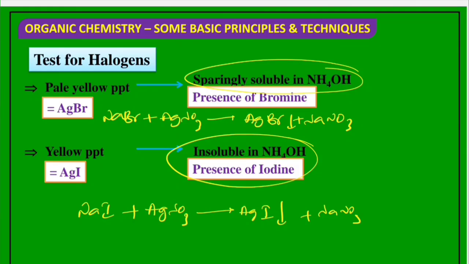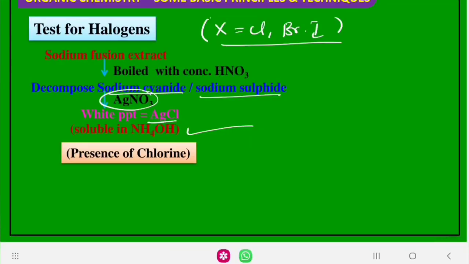Once again, the test for halogens. The sodium fusion extract is boiled with concentrated nitric acid, which decomposes sodium cyanide or sodium sulfide. Then it is treated with silver nitrate, AgNO3.